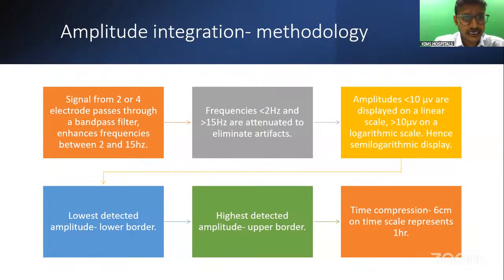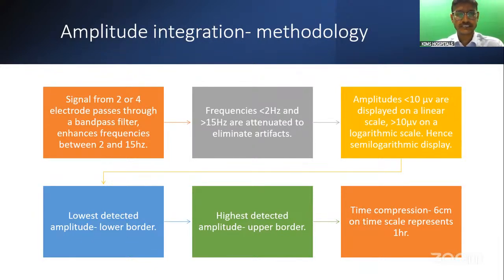Let's understand how amplitude integration works, the methodology. The signals picked up from the channels placed on the scalp pass through a band pass filter. The purpose of this filter is to enhance the frequencies between 2 and 15 hertz.